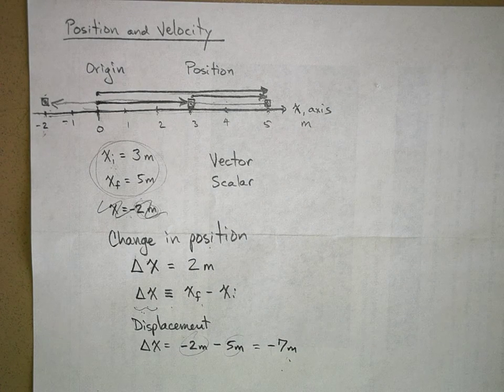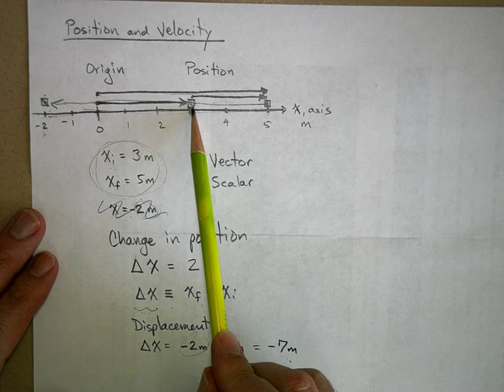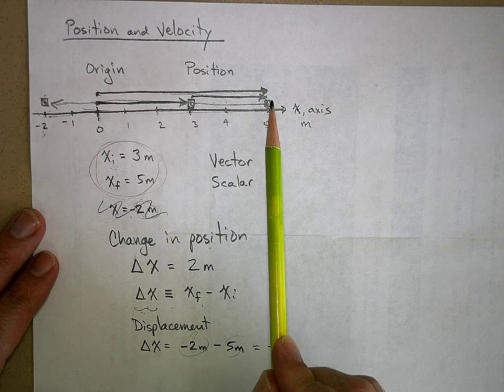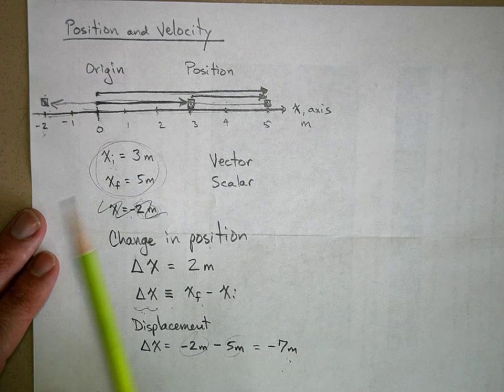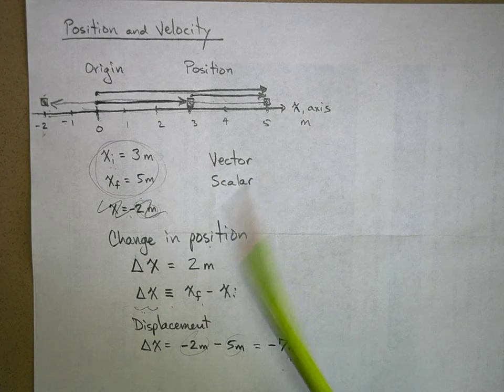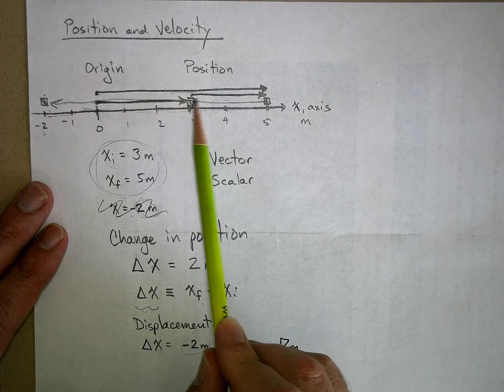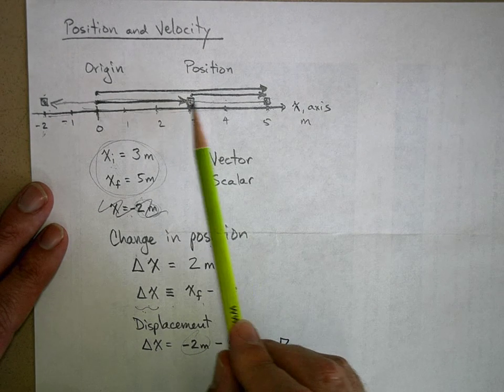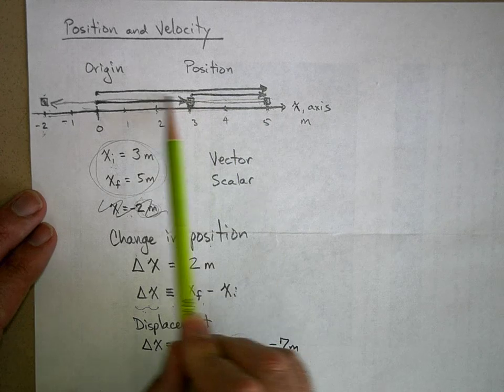All right. Now, there is one other definition. Let's say that I had an object, some object, and I started here, I moved here, and then I moved here.